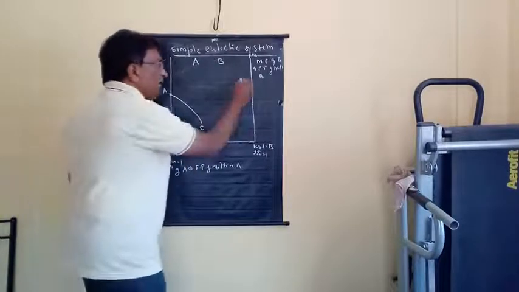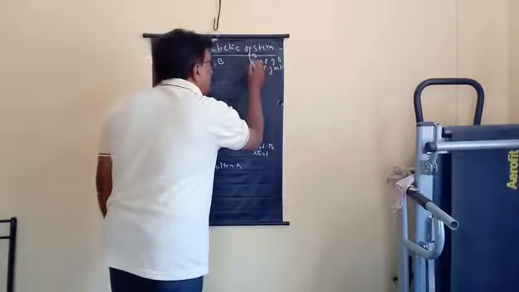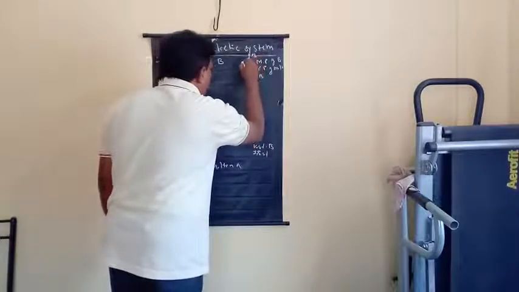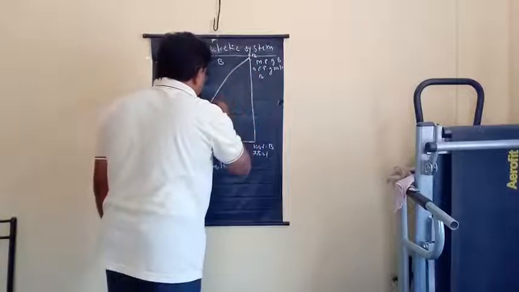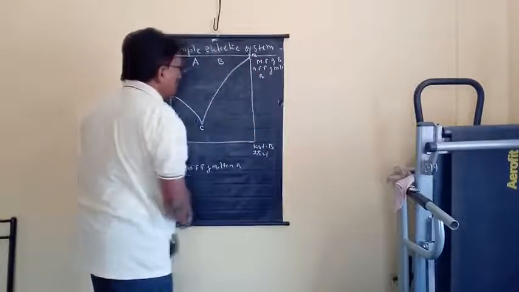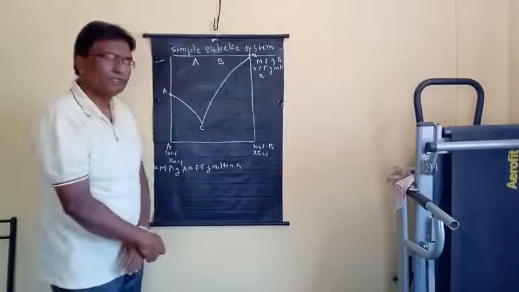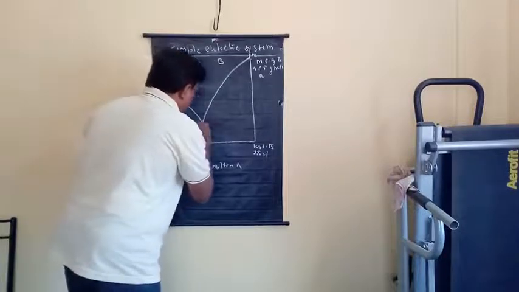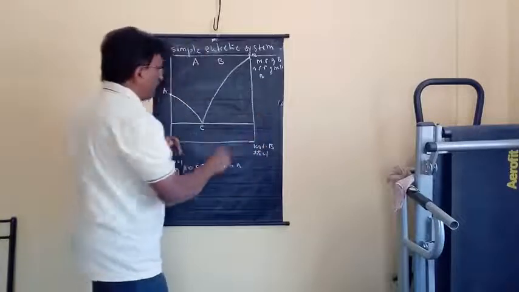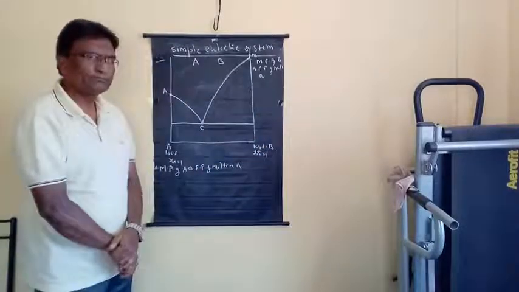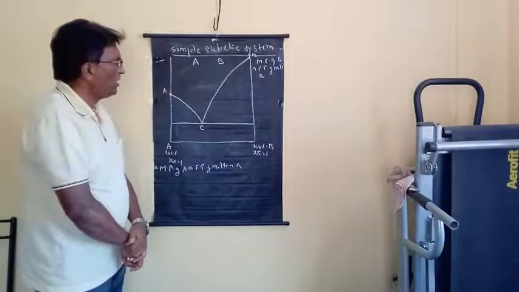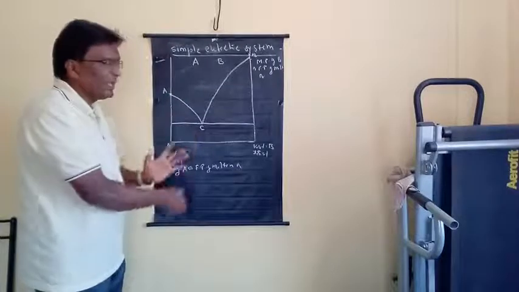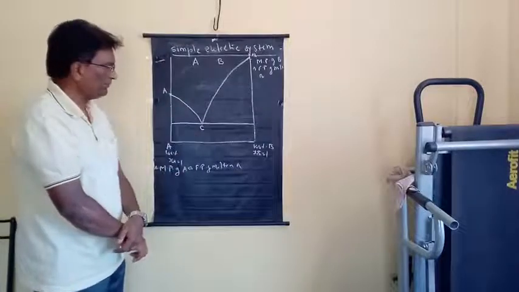And if you go on adding increasing quantity of A in a molten mass of B, we will come across this curve BC. And this is the phase diagram of this simple eutectic system. Now how this diagram is formed, let us see.